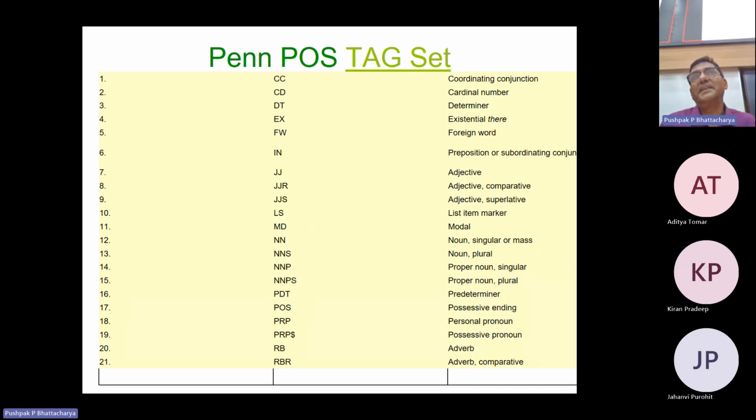They are semantically vacant, syntactically full. Then in is preposition, so with, out, in, etc. JJ is adjective, comparative adjective. Oh, we are not able to see this. How come?